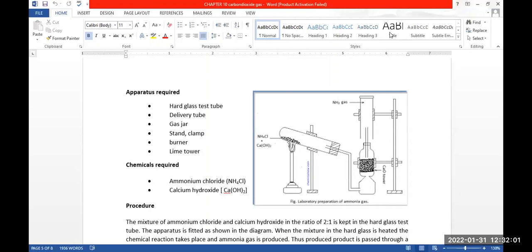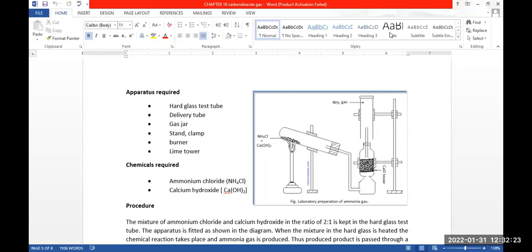So next precaution is the heat must be provided uniformly and the product must be passed through the lime tower to absorb the moisture. These are the precautions.